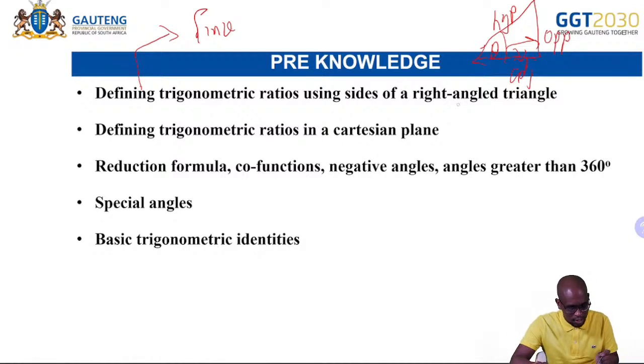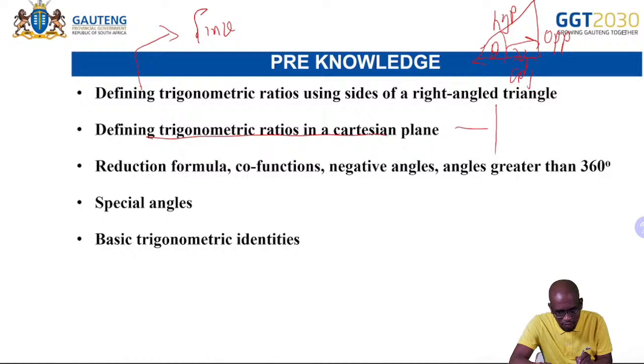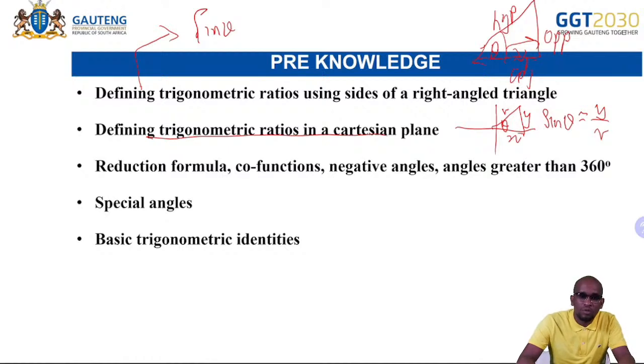That's how you describe them in a right-angled triangle. It's just the recall, the pre-knowledge that you need to bring. You can also define them in a Cartesian plane, where you are going to say sine of theta, the opposite being y and the hypotenuse being r, because we have the x, the y, as well as the r when defining using the Cartesian plane.